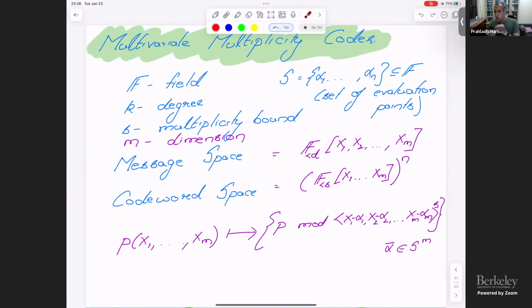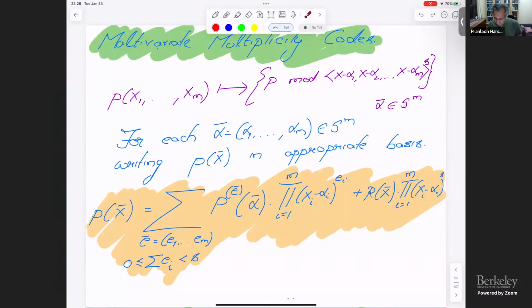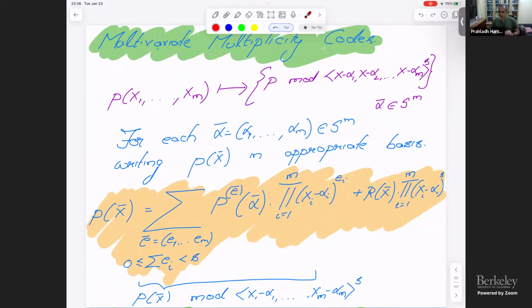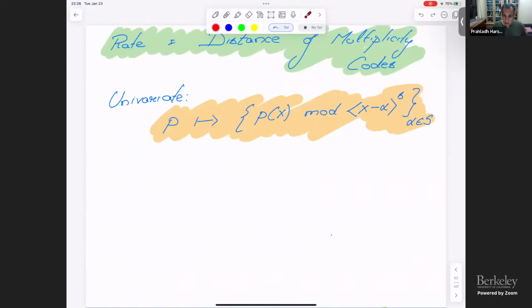This is the alphabet of the output space. So that's it for the definition of univariate multiplicity codes and multivariate multiplicity codes.